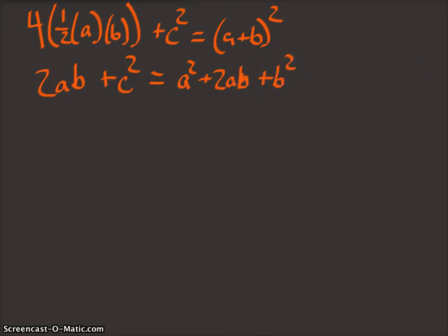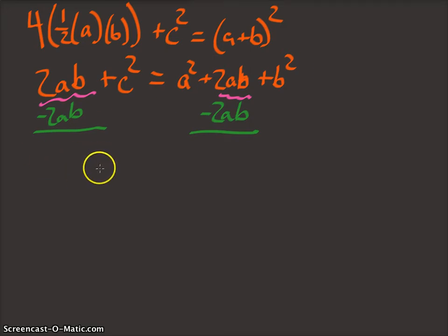Okay, now as you can see we have a common term on both sides here, 2AB. So what we're going to do is we're just going to simply subtract that term from each side. So minus 2AB, minus 2AB, okay. Anything we do to one side of an equation we do to the other, so it's canceled out now.